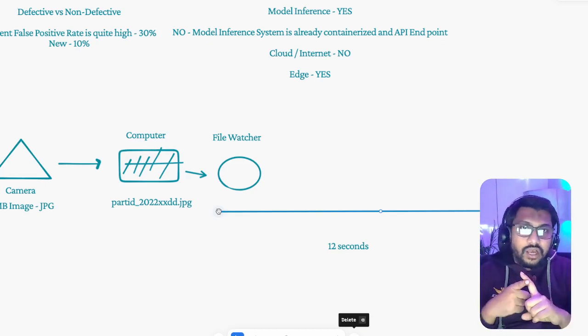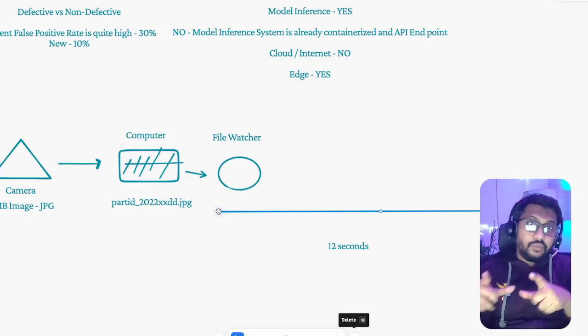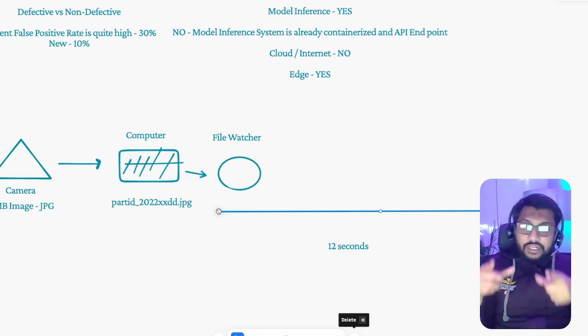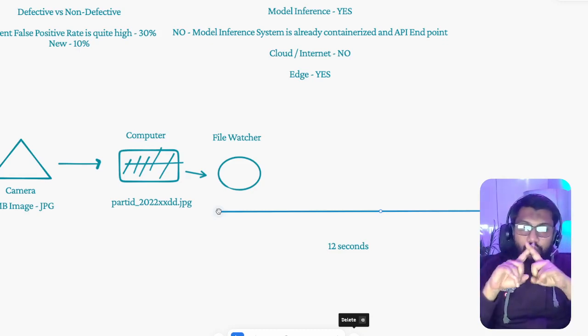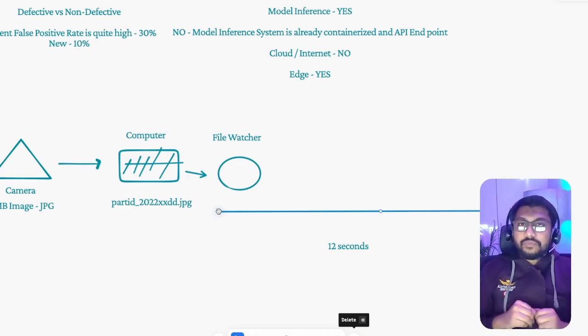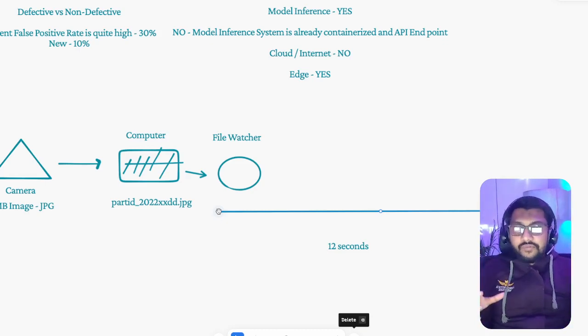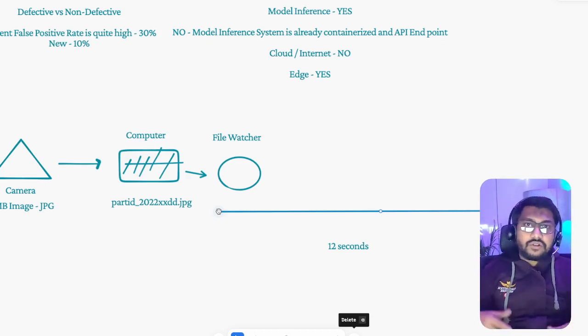So one, I can take the JPEG file and move the JPEG file. So the actual JPEG file gets transferred from this machine to this machine. Option one. Option two, instead of moving the JPEG file, which could be again a 5 MB file, so now you have to optimize your IO, your data transfer speed, like what kind of connection you are using.